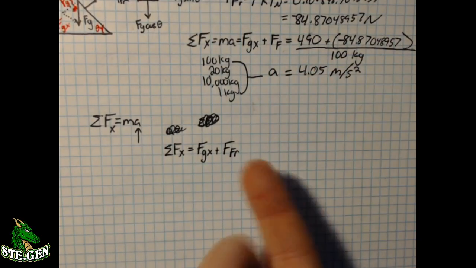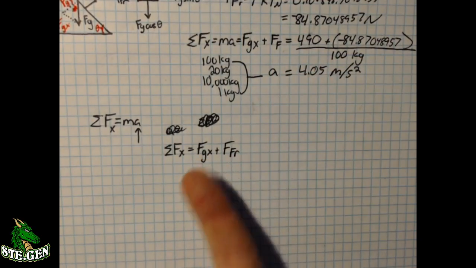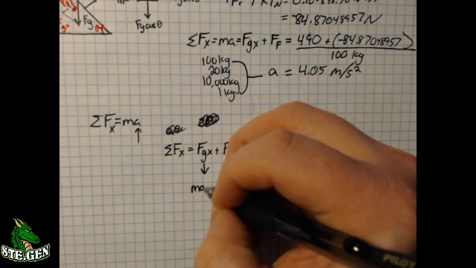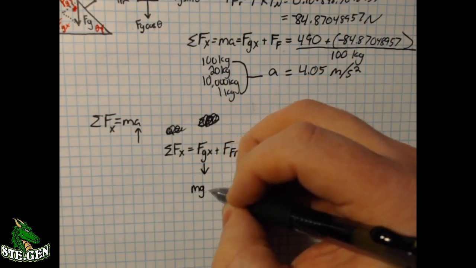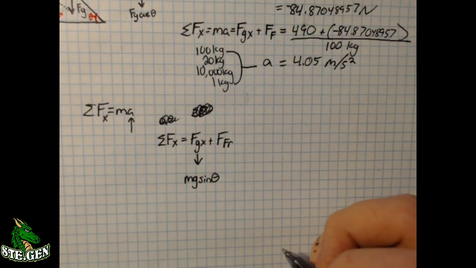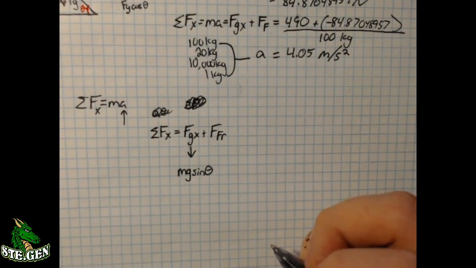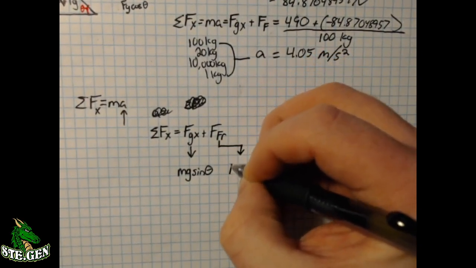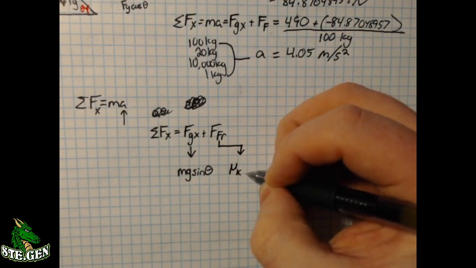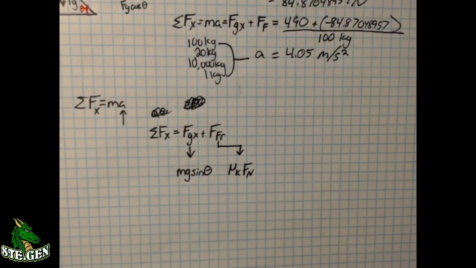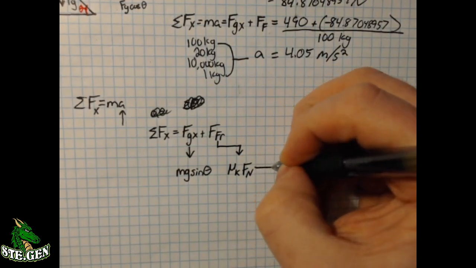Okay, well, how did we solve for force of gravity in the x direction? Well, force of gravity in the x direction was mg sine theta. That's the piece of information that we used for that one. And for friction, we used the coefficient of kinetic friction times the normal force. Well, how did we solve for the normal force?